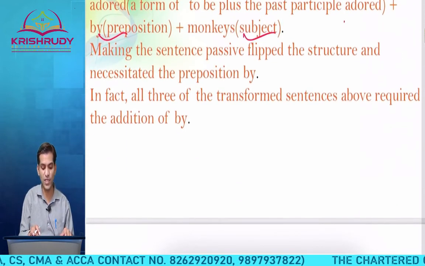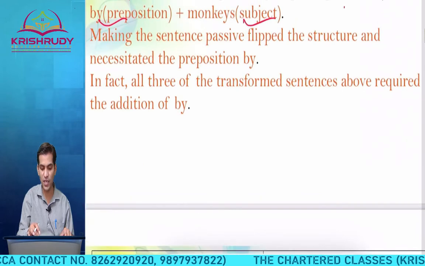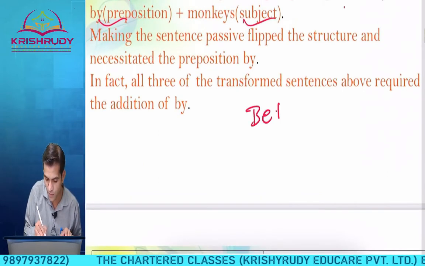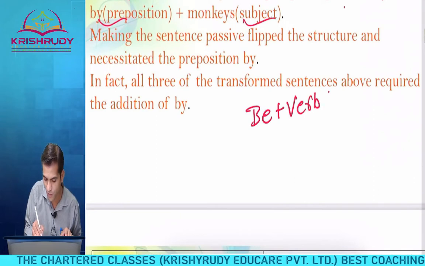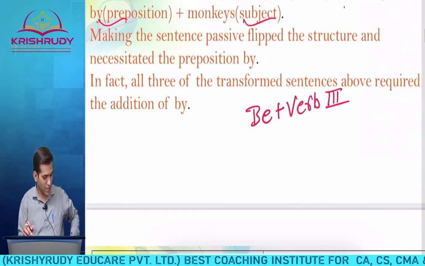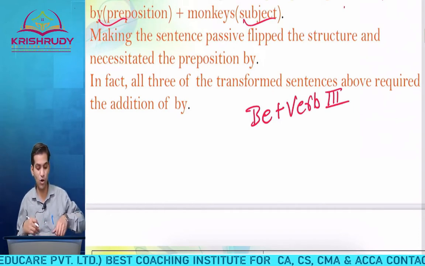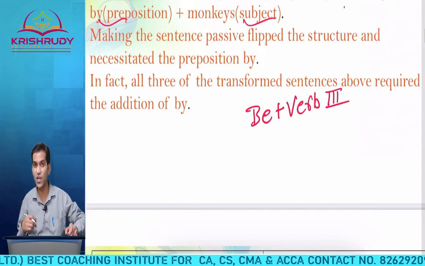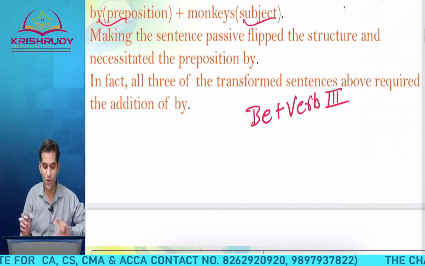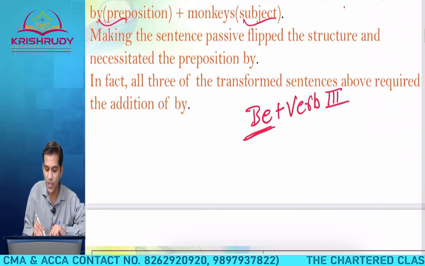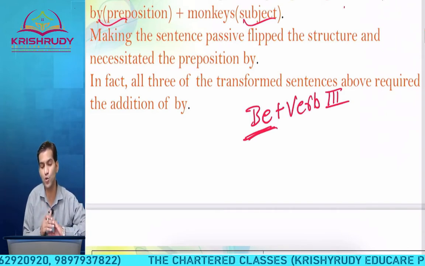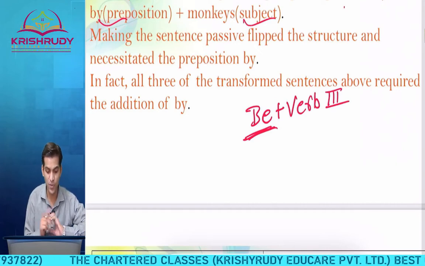One more easy way to do this is that we use a formula called "be plus verb third form". This is a very easy way to change active sentences into passive and passive into active, where "be" is used in different forms as per the tense used in the sentence.